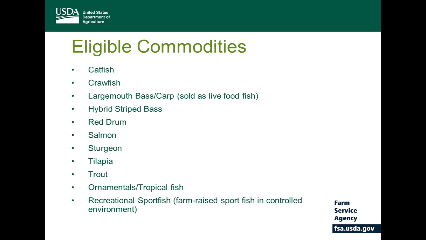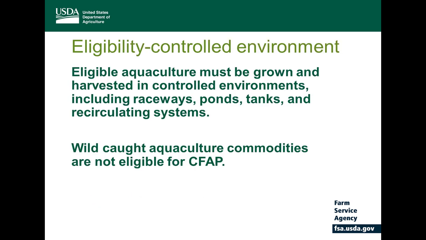If they're maintained for recreational sport fish in that controlled environment, then they're eligible. But we're going to group all of them together under recreational sport fish, so they won't be broken out singularly as the food fish, including crayfish, are for the other eligible commodities.